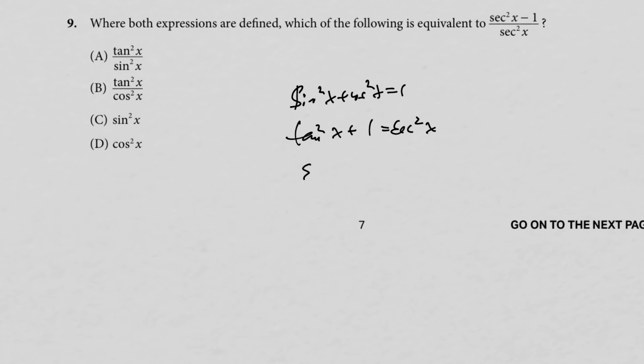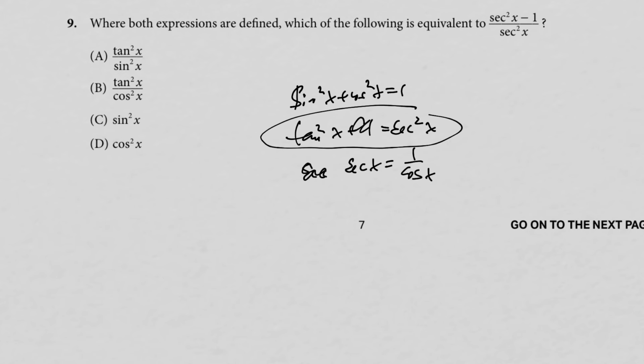And secant is 1 over cosine. There are more, but let's just see. If I take this one and rearrange it by subtracting 1 from both sides, I can replace the numerator with tan squared. And the denominator I can replace with 1 over cosine squared, because it was secant squared.